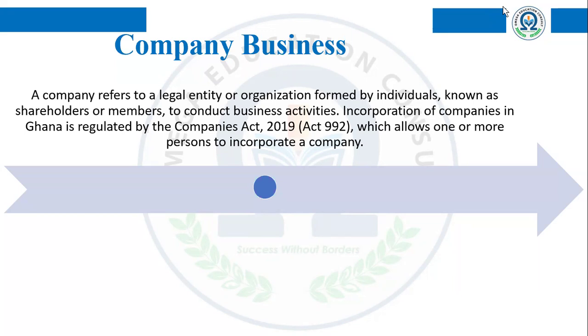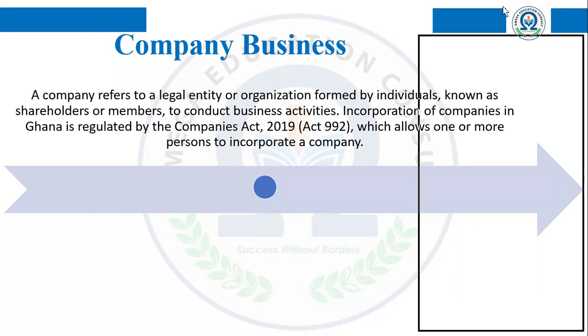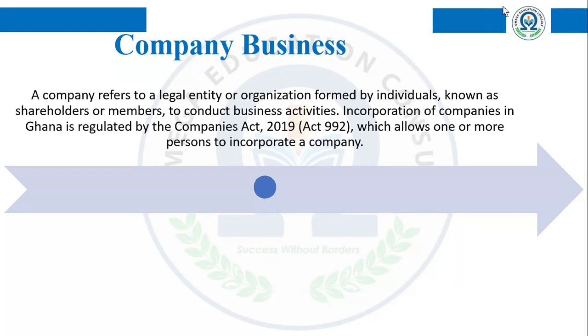Now, in Ghana, these organizations or setups are regulated by law, as it is established that it's a legal entity, so it follows certain laws. Currently in Ghana, the law that is regulating companies is the Companies Act 2019, Act 992. It is this law that governs the operations of a company in this country. Let me be quick to tell professors that this law was amended just recently, in 2019.